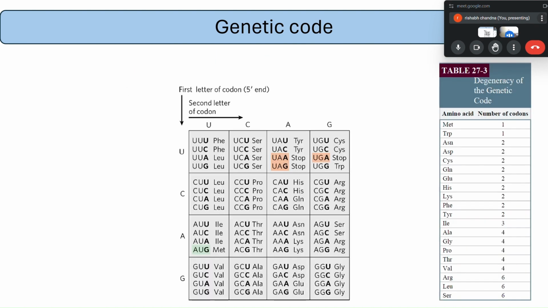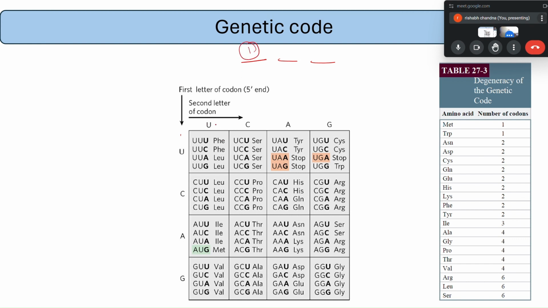Now, this is the major codon table that has been studied and used so far. How do we draw this table? On the left side is the first letter of the codon. There are three spaces for a codon. The left side is for the first letter.